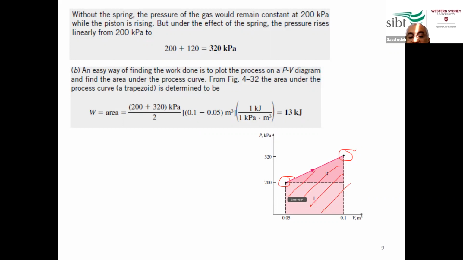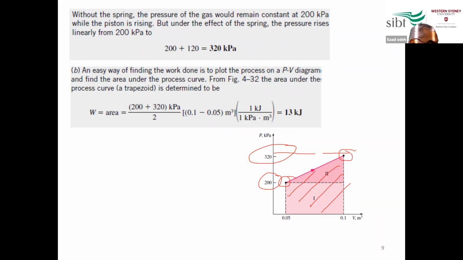So this is the area under the curve. If I know the initial pressure is 200, the final pressure is 320.